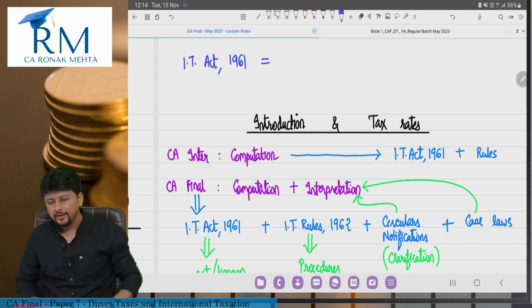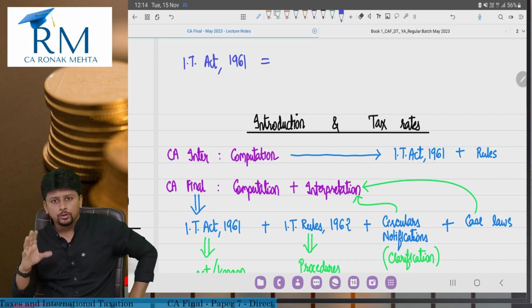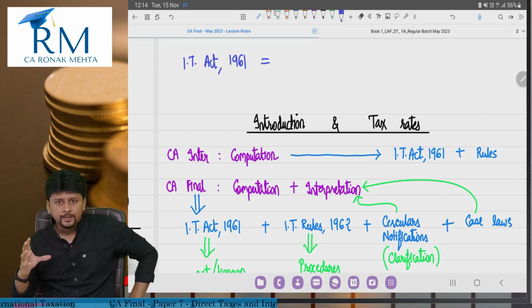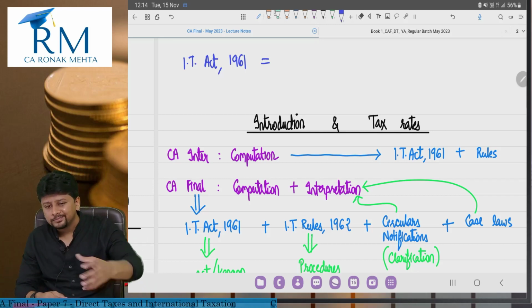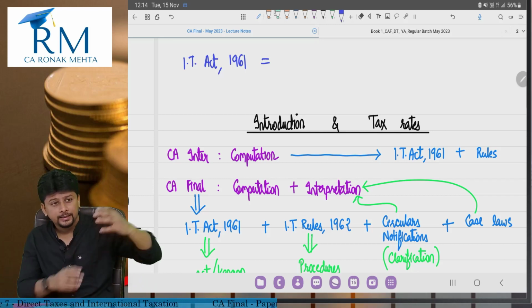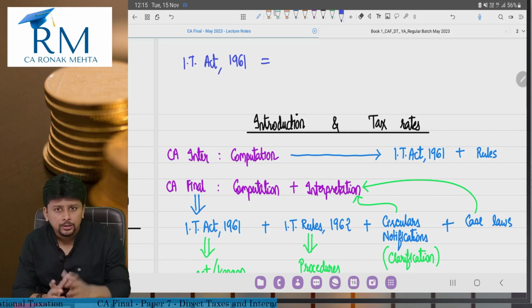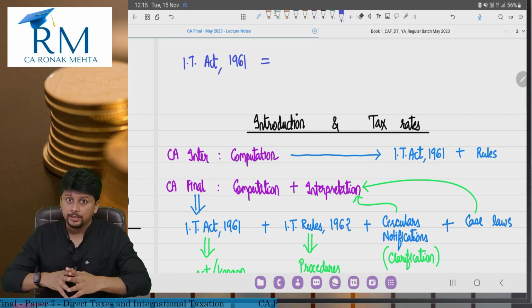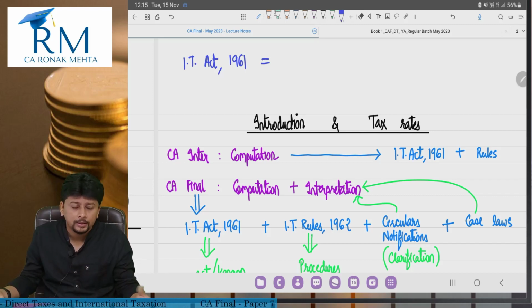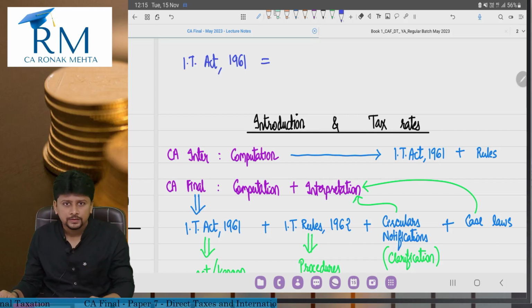See, as a CA Final student, to be honest, you would already be aware of this technical aspect. The Constitution of India gives power to the central government, then there is the union list, state list and concurrent list. Today, because knowledge is so easily available, almost every CA Final student is aware of this.